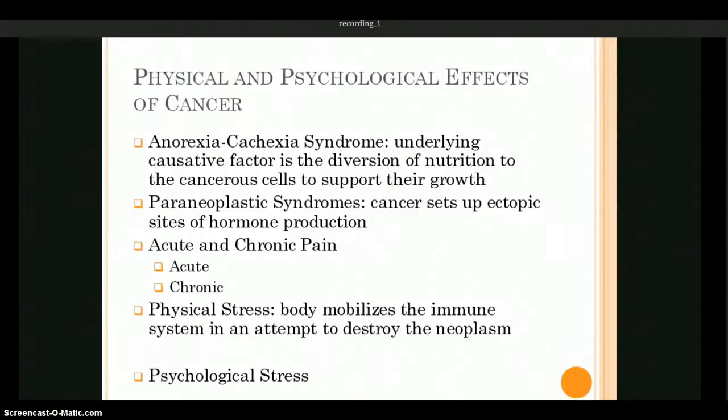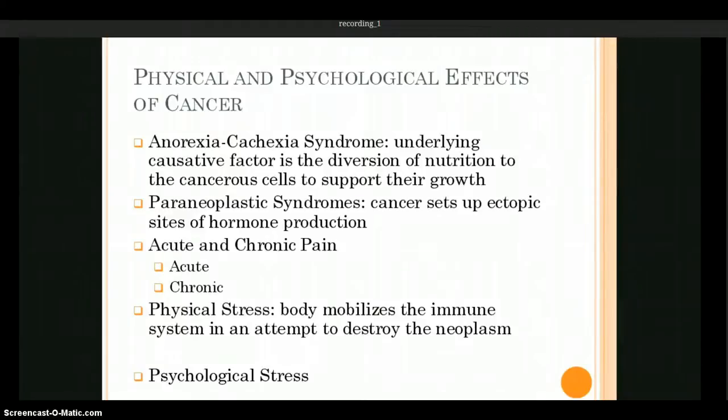Pain. Pain is a major concern with patients with cancer. We can have patients have acute pain or chronic pain. I'm not going to talk about that here either because I'm going to talk to you in length about that in class. We have both physical and psychological stress that the patients with cancer go through. From a psychological standpoint, our emphasis is helping them to maintain their optimal quality of life.